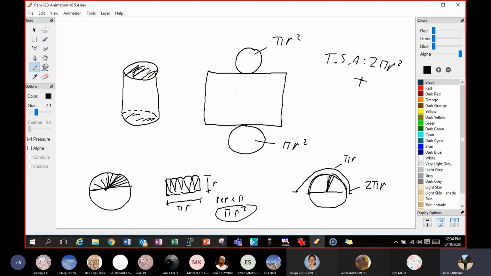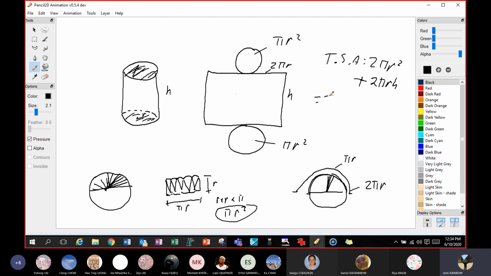What length is this? That's the circumference of a circle, 2 pi r, and this is the height. All you need to know for this is the radius and the height. These two are multiplied, so plus 2 lots of pi r h.